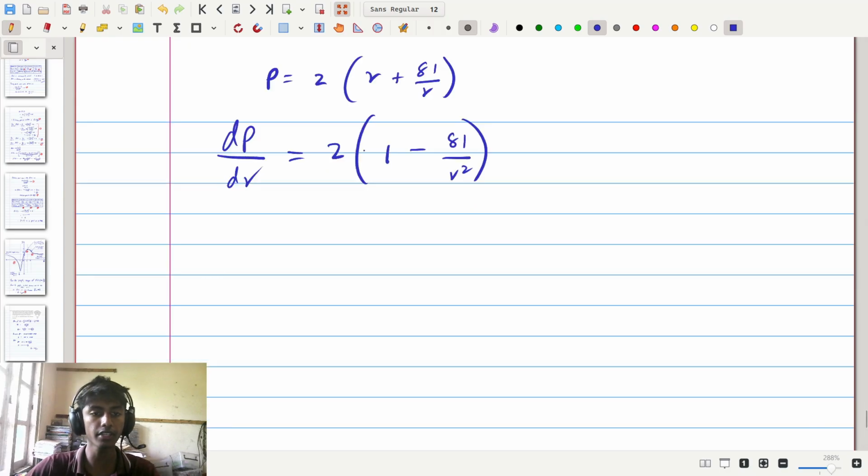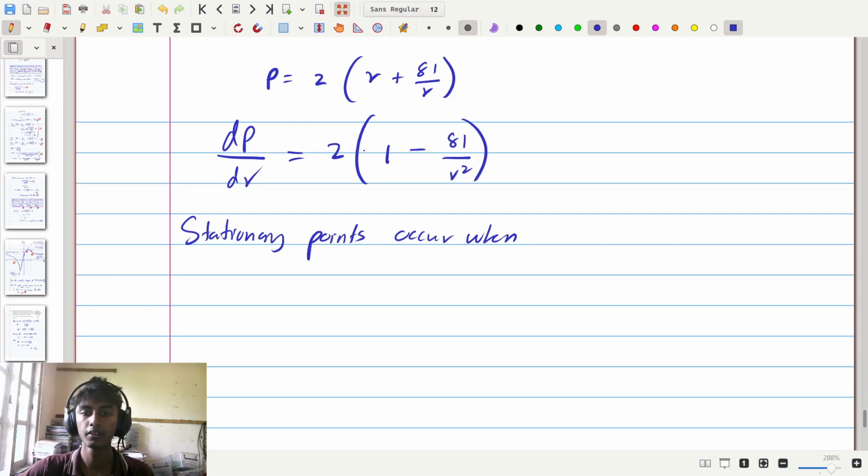Now from this we can say stationary points occur when dP by dr equals 0. According to that, a local minimum or local maximum will occur when dP by dr is equal to 0.